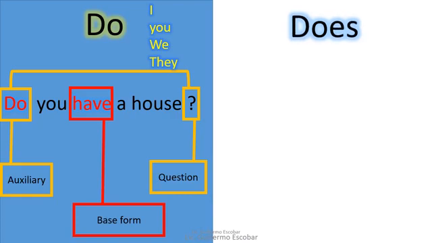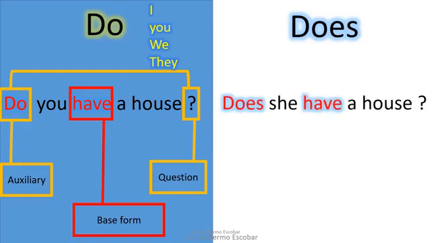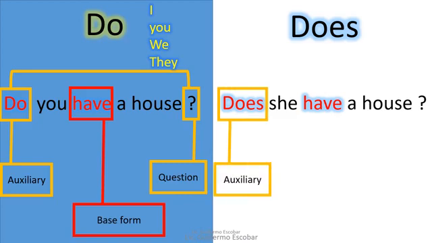The second auxiliary is does. We use does for the third person. For example, does she have a house? In this sentence, we begin with the auxiliary does. So, it has to be joined with a question mark.